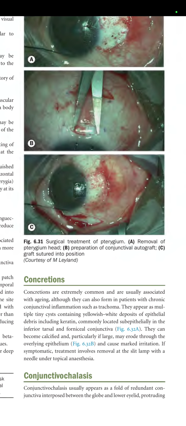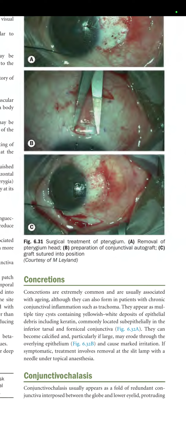So next is concretions. Concretions are small calcium-containing deposits in the conjunctiva. Concretions are extremely common and are usually associated with aging, although they can also form in patients with chronic conjunctival inflammation such as trachoma.